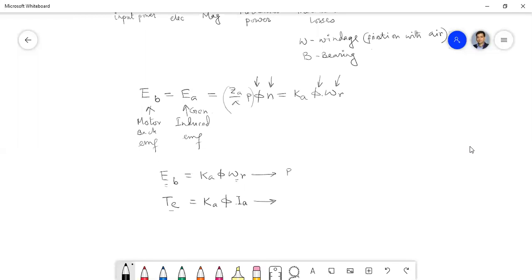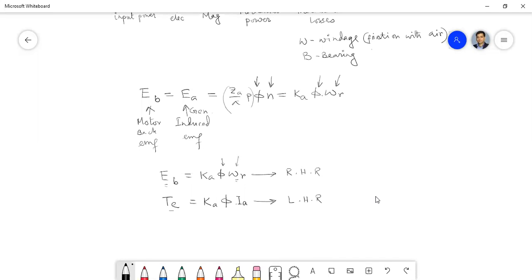This is the right hand rule, and this is the left hand rule that you have studied in your 8th standard classes. If we provide some flux and some mechanical movement, then we will get a voltage generated, and all this will be in perpendicular directions to each other.